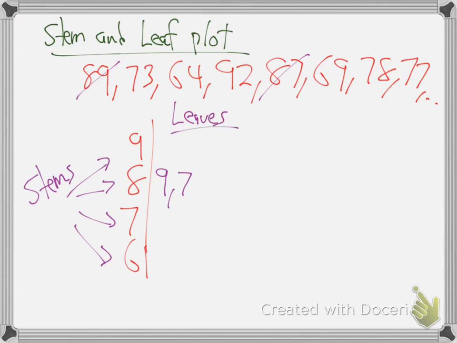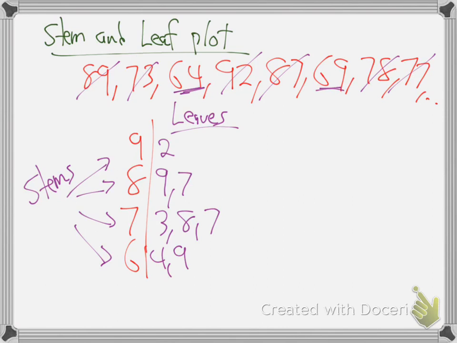Okay, let's do the 90s next. There's a 92. That's all there is in the 90s. Are there some 70s? 73, 78, 77. Are there some 60s? 64, 69. Done. That would be the stem and leaf display for that data.